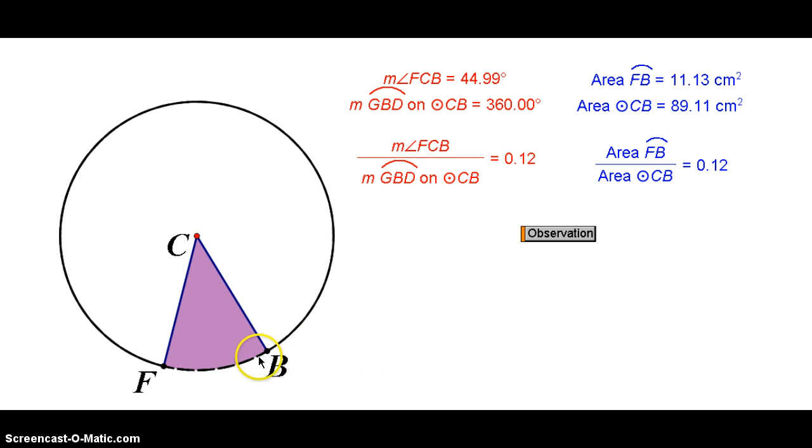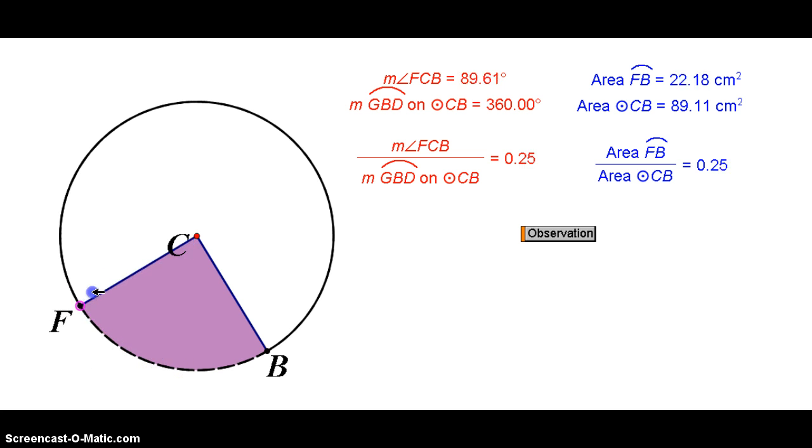It's going to hold true when we look at the area of that sector and not just the length on the circle. So if we look at the area of sector CFB, it's 11.13 square centimeters compared to the area of the circle, which is approximately 89 square centimeters. So this area right now is about 12% of the circle.